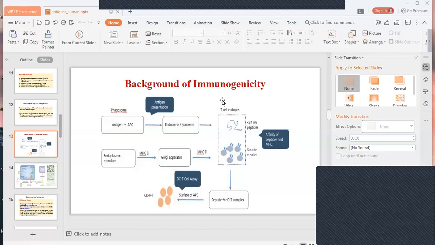So the quality of the antigen presentation depends on the affinity of the peptide-MHC complex, and there is a direct relationship between the peptide-MHC complex stability and the immunogenic responses. So this is the background of immunogenicity.